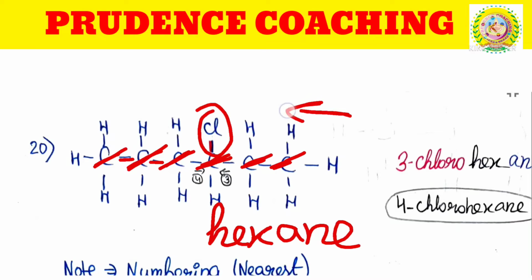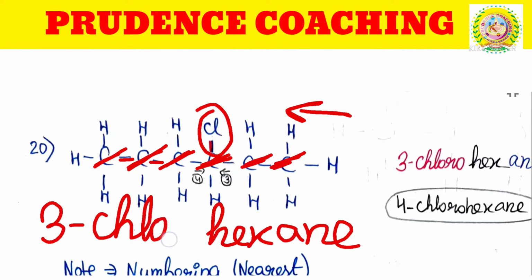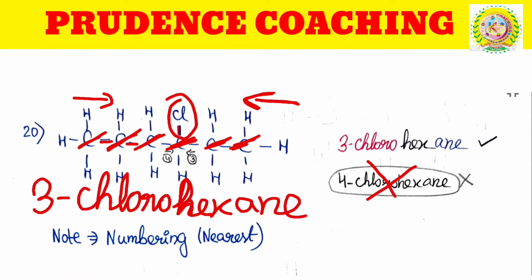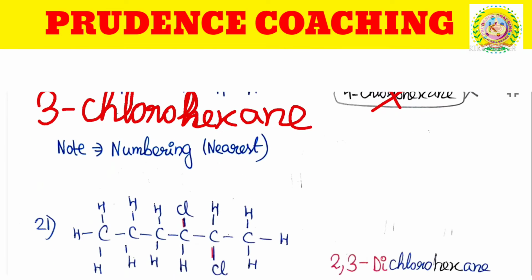So you need to consider this one, that is first, second, third, as it is the shortest position. So you will write 3, give a hyphen, write chloro, that is the halogen should be written in the prefix. So chlorohexane. So your answer will be 3-chlorohexane. If you have written the position from this side and written 4-chlorohexane, then this would be your wrong answer. So always remember, numbering should be given from the nearest one.